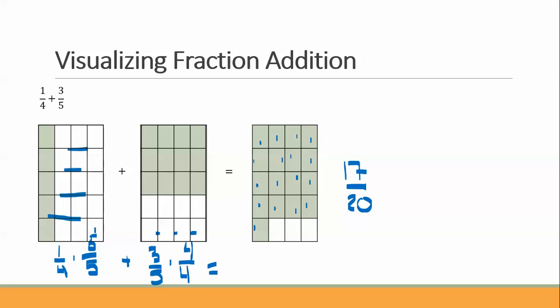Then this new visualization is 5/20. And this one is 12/20. And now when we have a common denominator, we can just add the numerators, and we have 17/20.